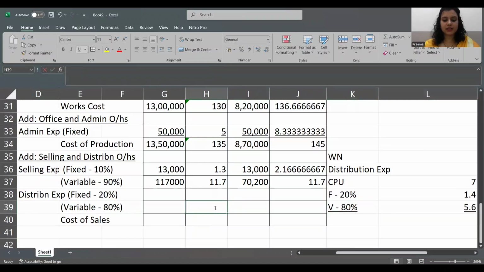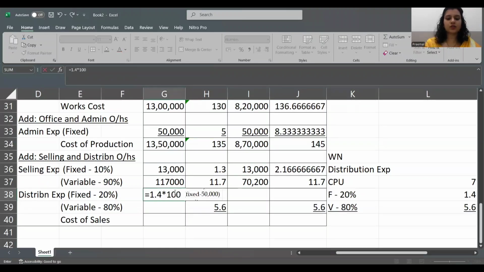So 5.6 will be copied down in both the columns because that remains the same. And fixed portion, that's 1.4, is given for this 10,000 units that's mentioned in the question. So I will copy that under 10,000 units. With this, I will be able to find out what is that fixed amount, which I can copy in the other columns.